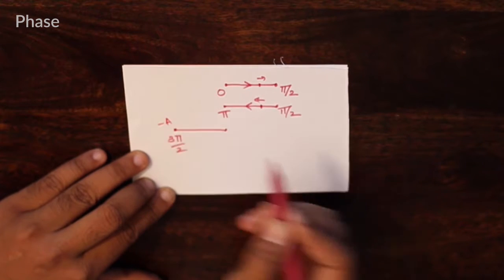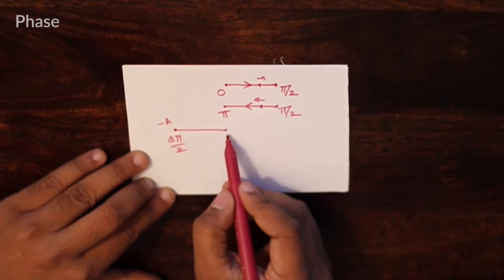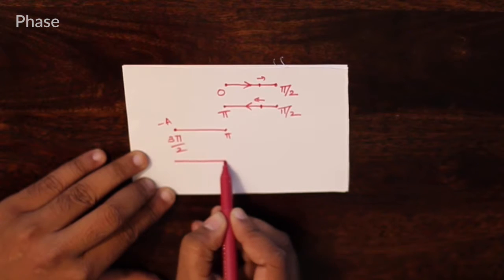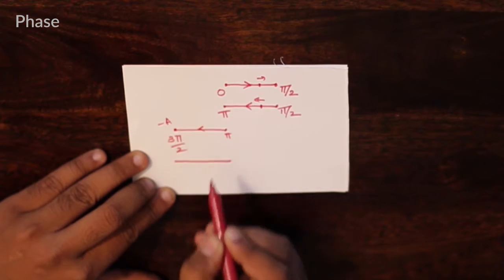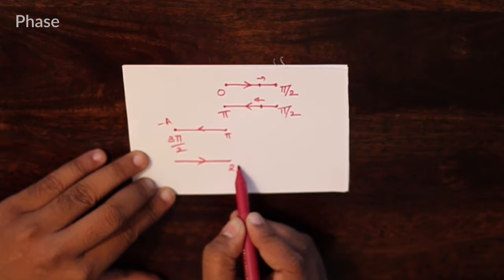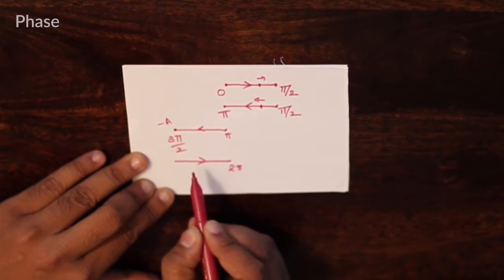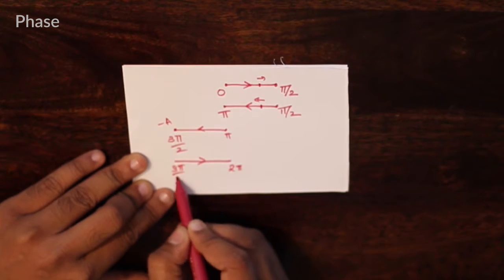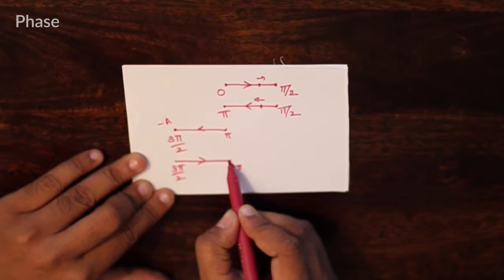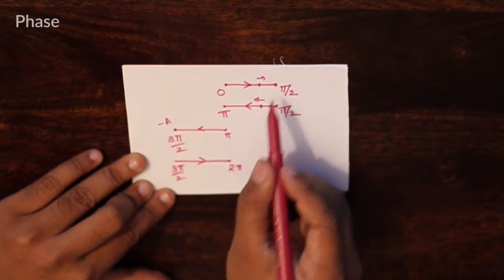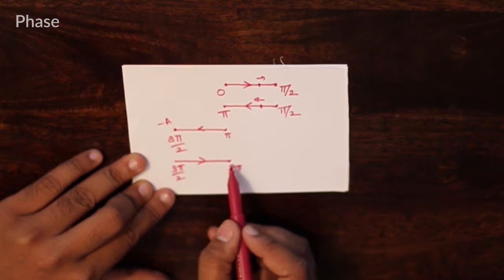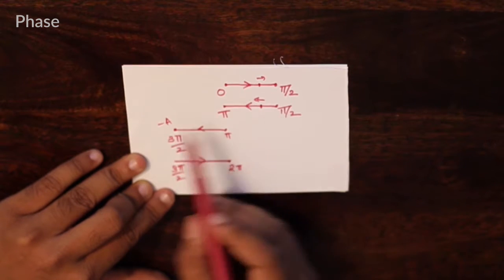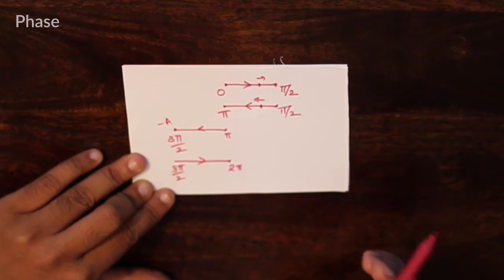This is the minus a. And finally from there you go back to the mean, which is now a phase of 2 pi. And from 2 pi, just like sine, the motion executes the same beats again. And this keeps going on forever.